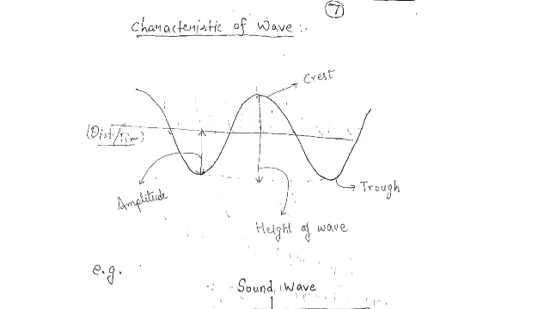We know that the upper peak is called the crest, and the lower peak we call the trough. The height from crest to trough we call the height of the wave, and the corresponding amplitude, that means the area under the half of the wave. I mean to say that half of the wavelength, that is the pi area, is actually called the amplitude.